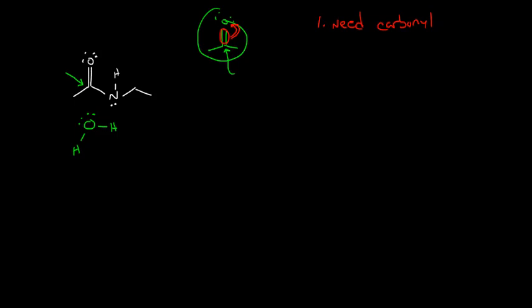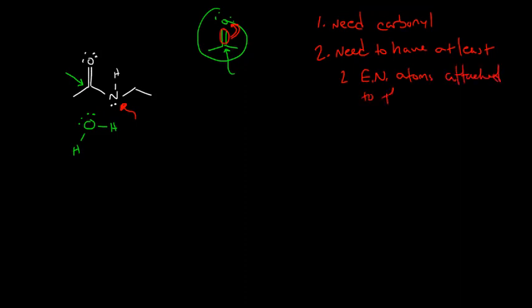Okay? The other thing that you're really kind of looking for is that adjacent to the carbonyl, you have to have an electronegative atom. Okay? So we need to have an atom adjacent to the carbonyl. So here it's nitrogen. And this atom adjacent to the carbonyl needs to be more electronegative than carbon. Okay, so we need to have at least 2 electronegative, I'm going to put that En, so 2 electronegative atoms attached to the carbon.